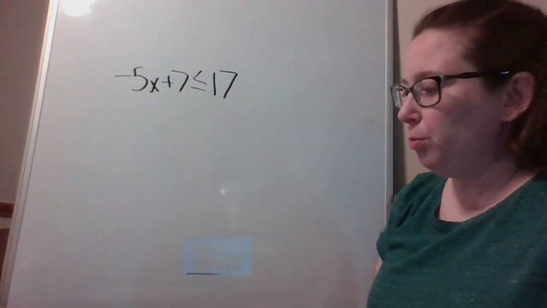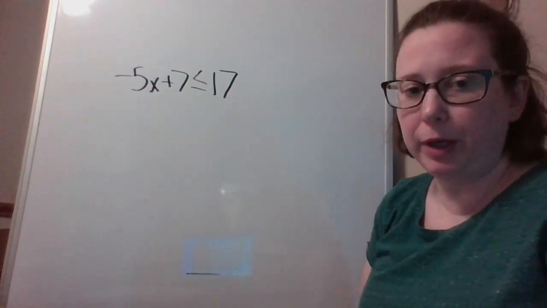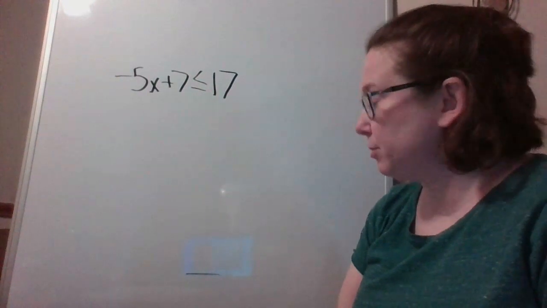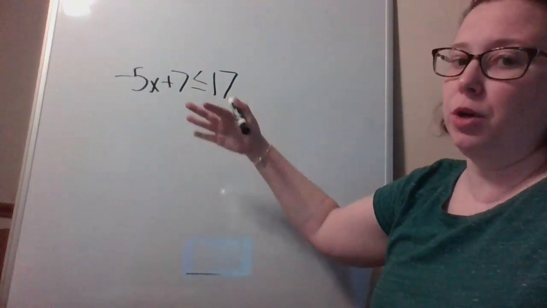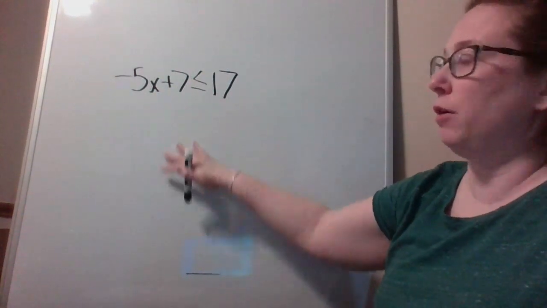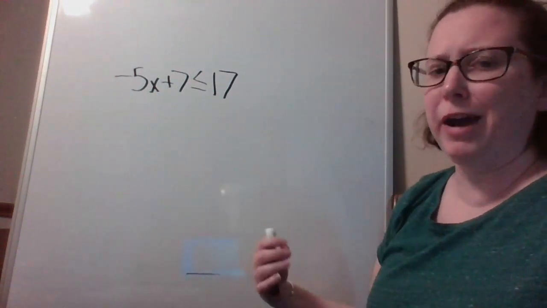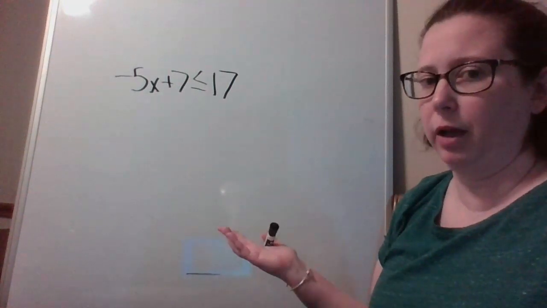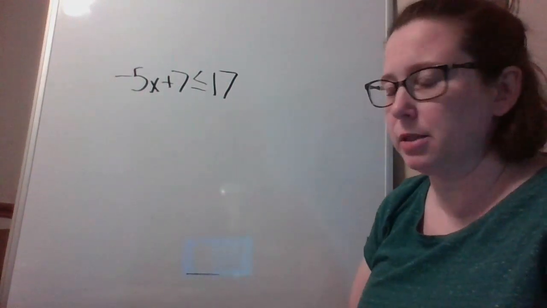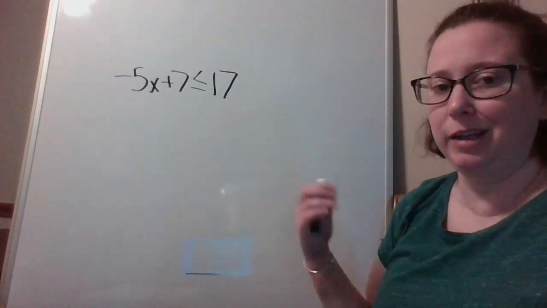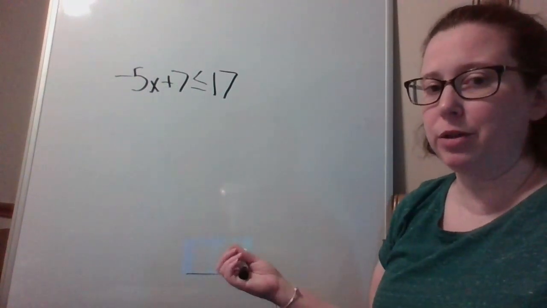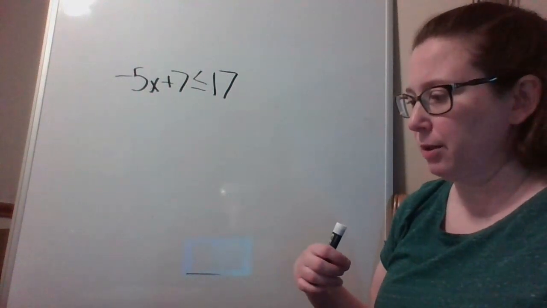Problem 2 brings us back to what we were doing in part A of chapter 3, which is solving inequalities. What we're doing here is solving this inequality, and then rather than just say something like x is less than 2, we're going to write that in either roster form or set builder notation.